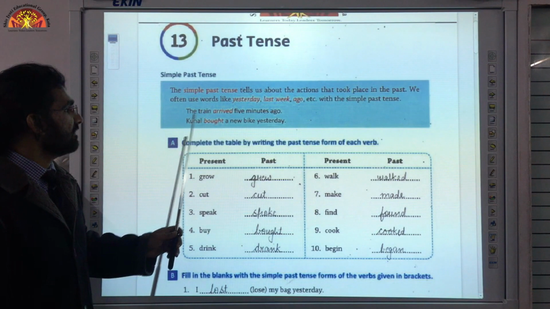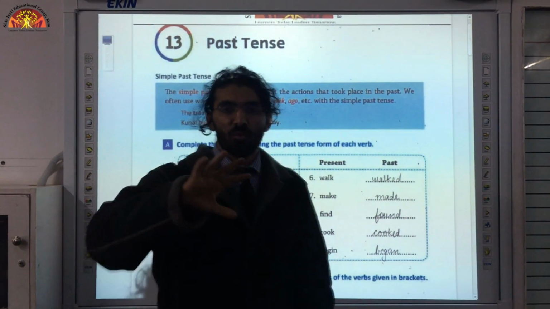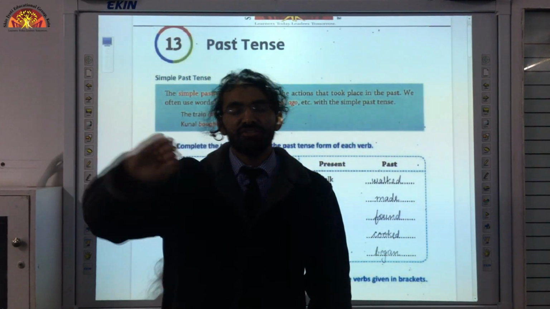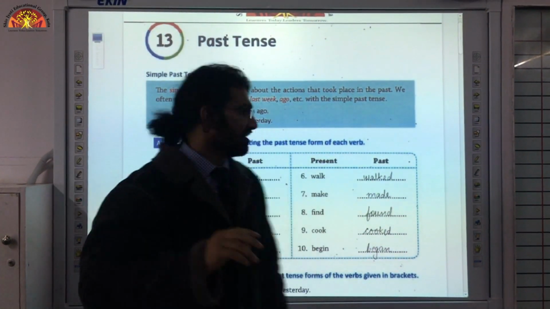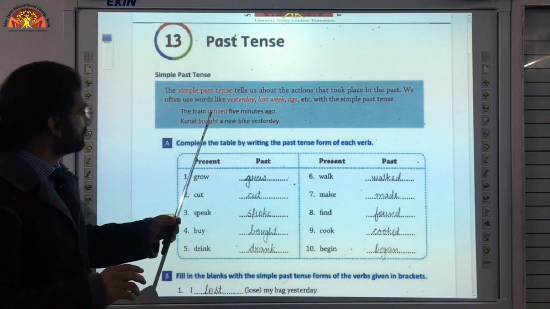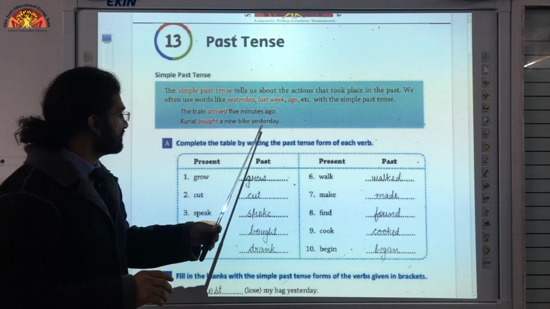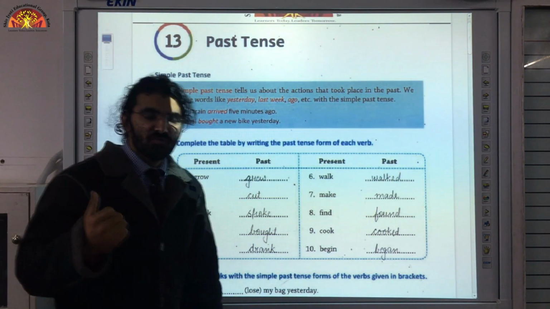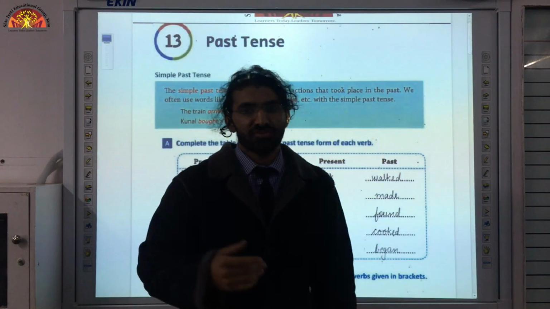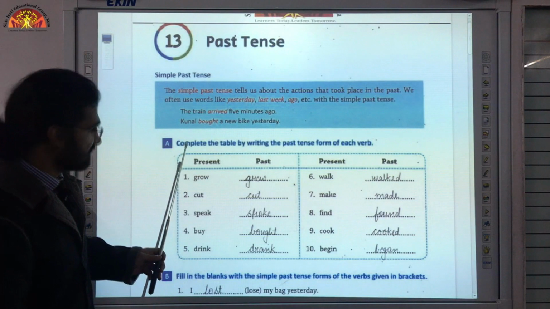The train arrived 5 minutes ago, which means this action took place when? 5 minutes ago. This belonged to the past. So here, arrived is the simple past form of the verb. Kunal bought a new bike yesterday. It was yesterday when Kunal bought a new motorcycle. So that's how simple past tense is.